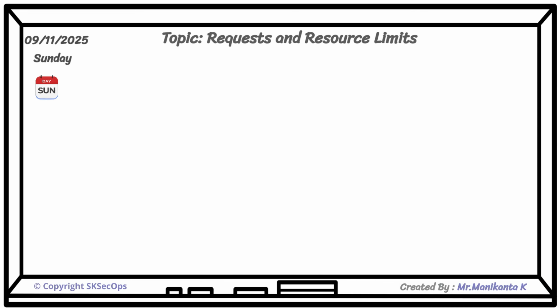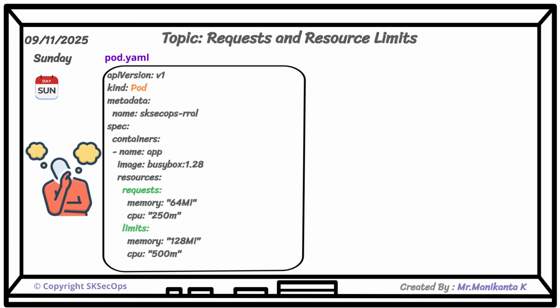Now let's see what the manifest file for resource requests and limits looks like. Are you thinking, is it that difficult? The answer is absolutely no. If you observe this pod manifest file, under the spec section, there is a containers block where you can add resource requests and limits for the CPU and RAM.